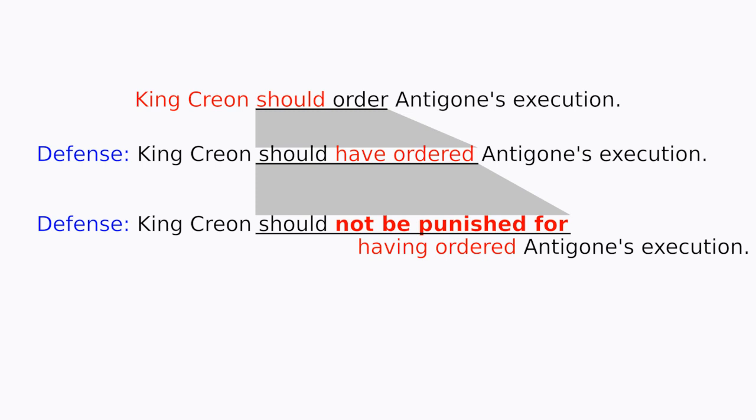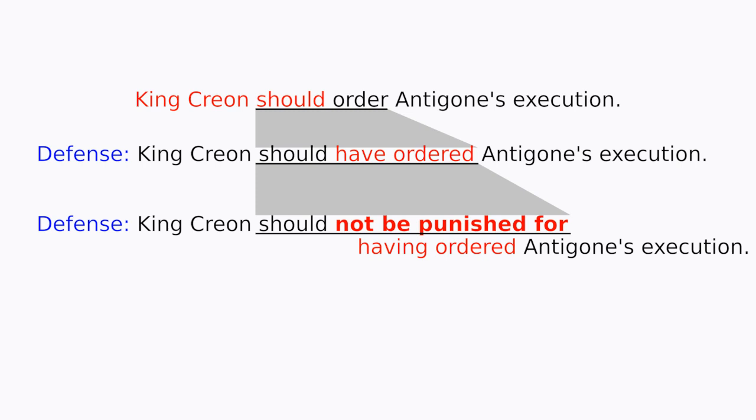Notice two things. First, the word not is needed because since we're defending his action, we need to say that he should not be punished for it. That is, we're saying that he did nothing wrong, nothing deserving of punishment. Second, notice the participle expression, "having ordered."